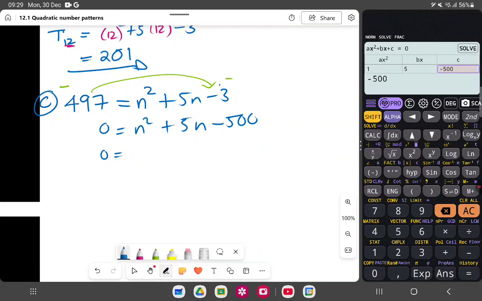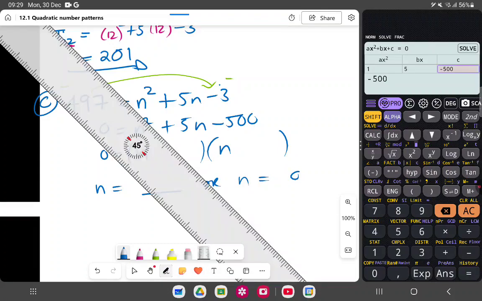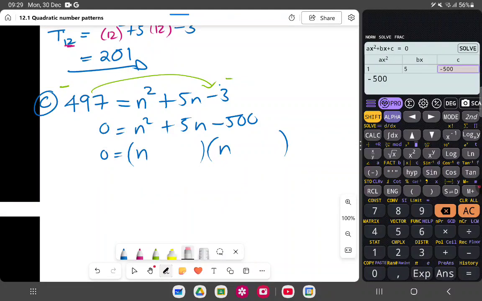Next up, what are we looking for? You need to be very careful about how you write your answer down. Go back to the paper now. On the paper, we want 2 brackets. And in our brackets, we're going to have n and n. Before we get to that, you're going to say whatever the bracket is, n plus whatever equals 0, or n plus whatever equals 0.